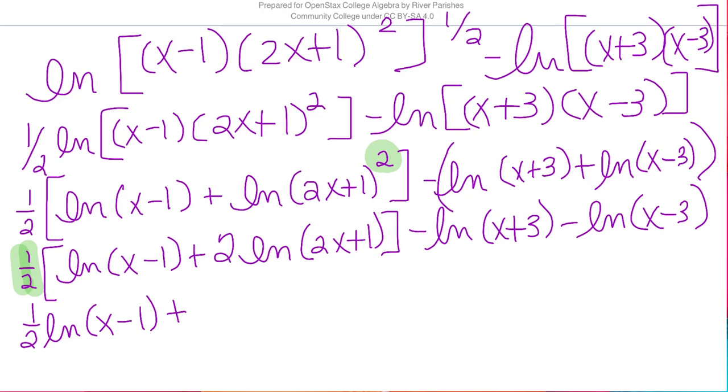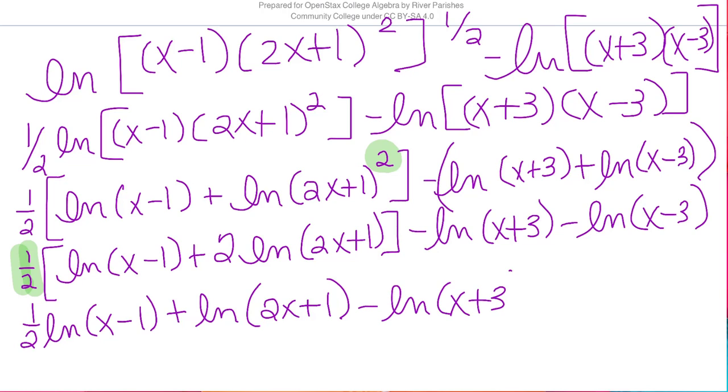So that'd be 1 natural log, which you don't have to write the 1, of (2x plus 1). And then bring down your minus natural log of (x plus 3) minus natural log of (x minus 3). So there we have it. Our answer is 1/2 natural log of (x minus 1) plus natural log of (2x plus 1) minus natural log of (x plus 3) minus natural log of (x minus 3).